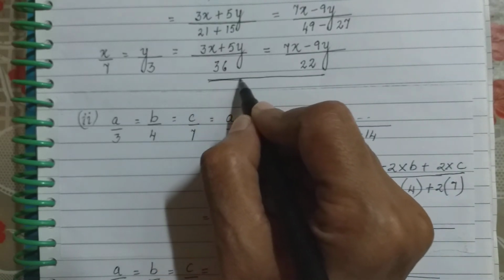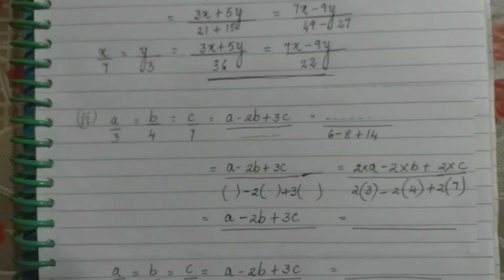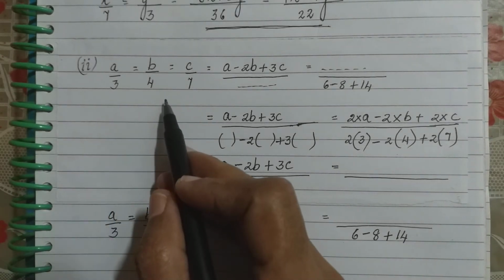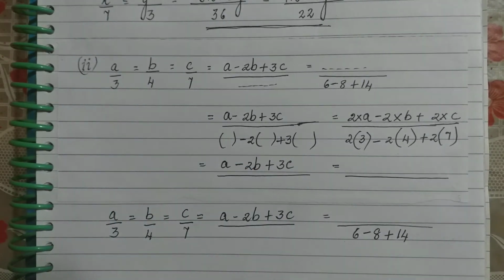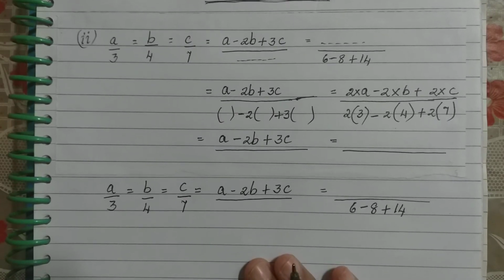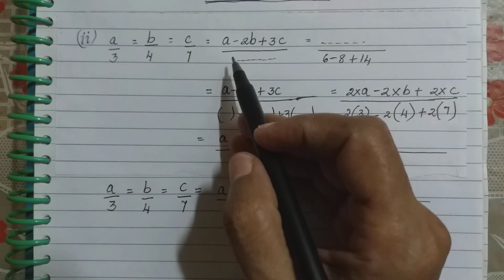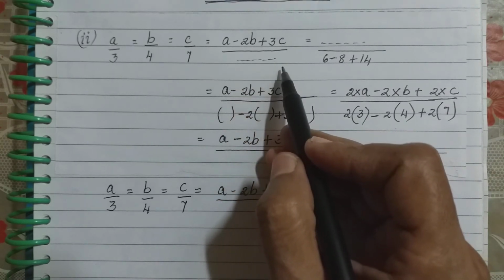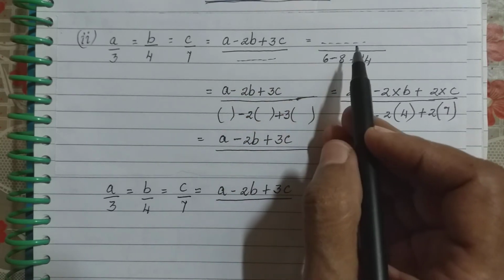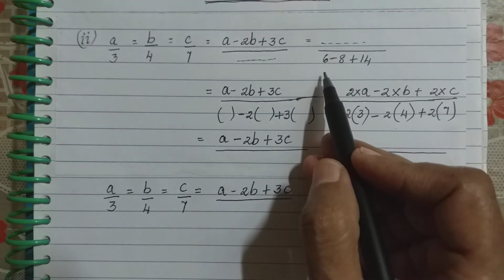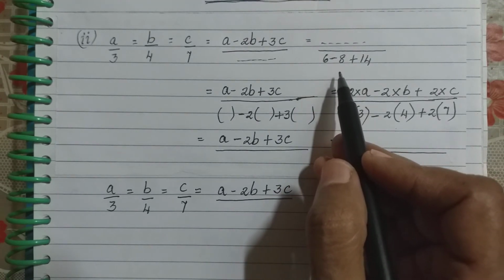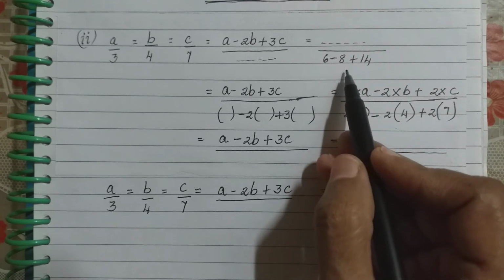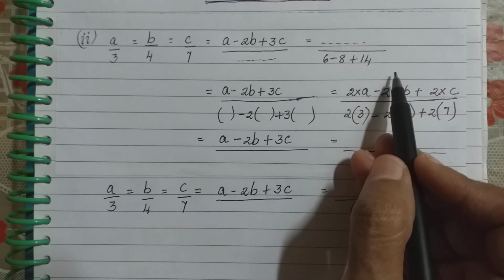Now coming to the second sub question, you have a by 3 equal to b by 4 equal to c by 7 is equal to a minus 2b plus 3c upon the blank equal to blank upon, here they have given the blank, that blank is 6 minus 8 plus 14.